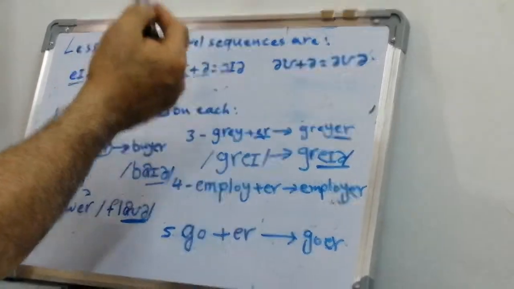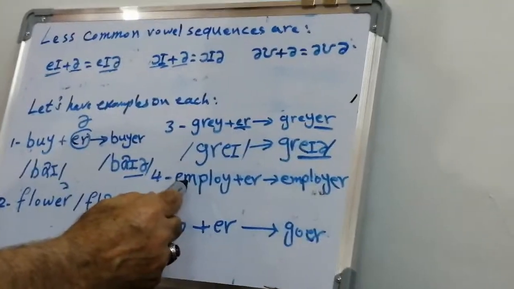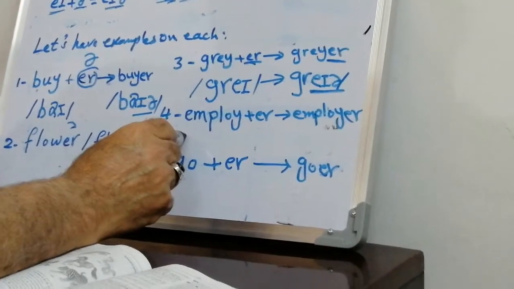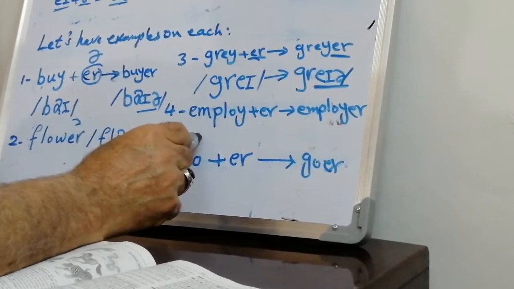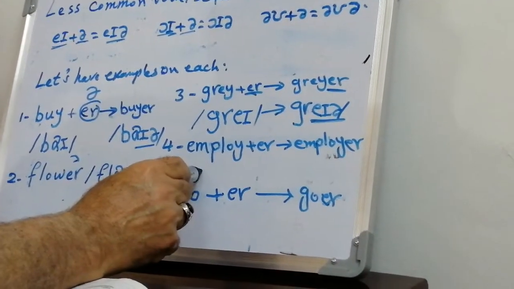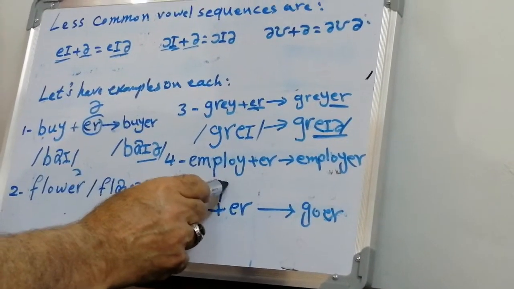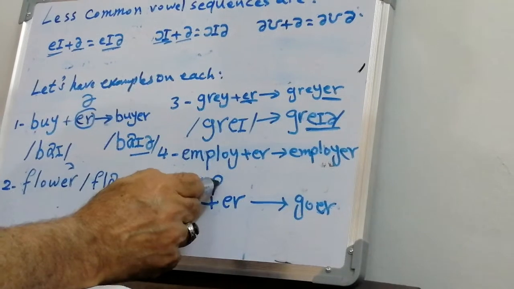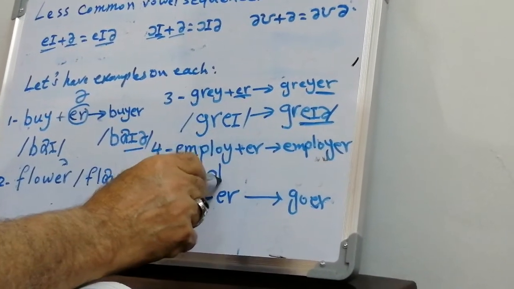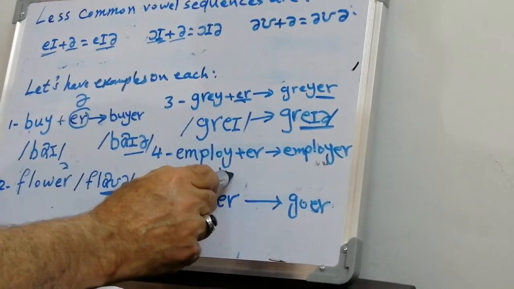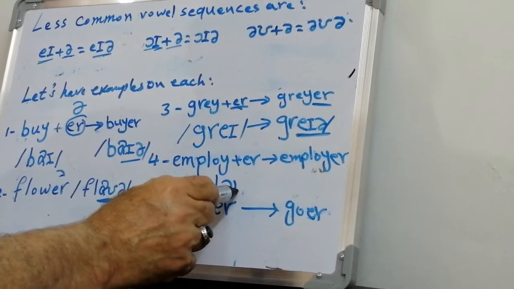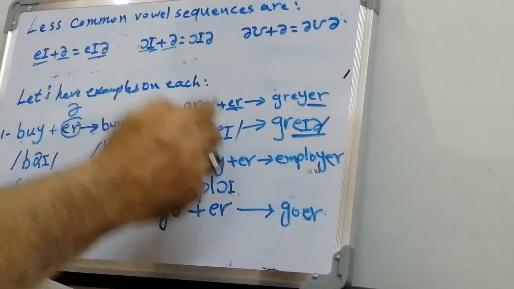The fourth one is in the word "employ". Here we have "m", "p", "l", a consonant cluster of three, then "oi".